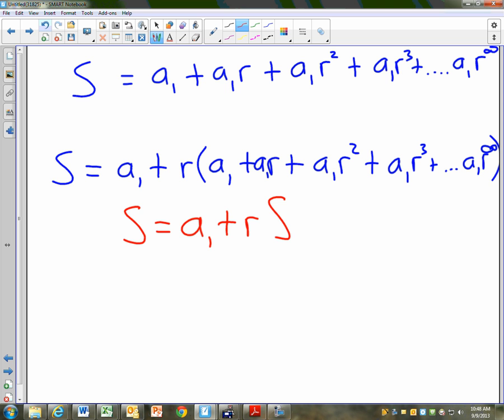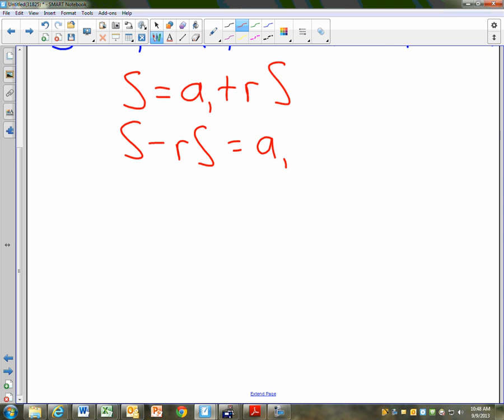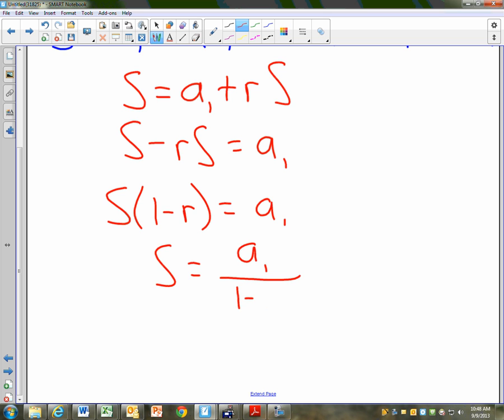What are we trying to solve for? Which variable? The sum. So I will get the s's both on one side. Do you remember from your pre-calculus how you solve that? Take out an s, we get 1 minus r. So if you want to know the sum of an infinite geometric series, take your first term and divide it by 1 minus the ratio, and you got it.